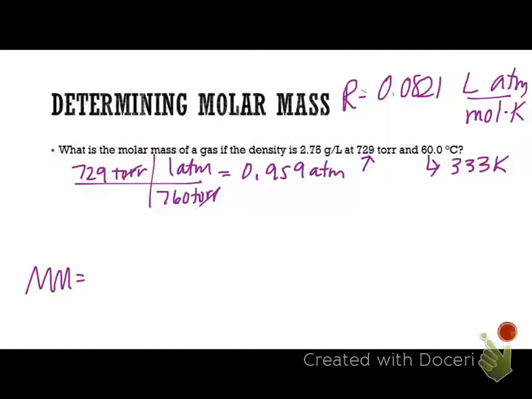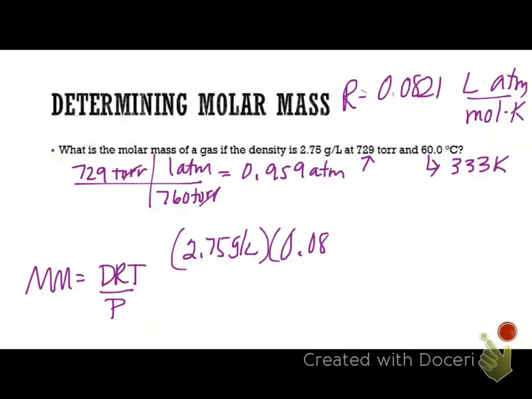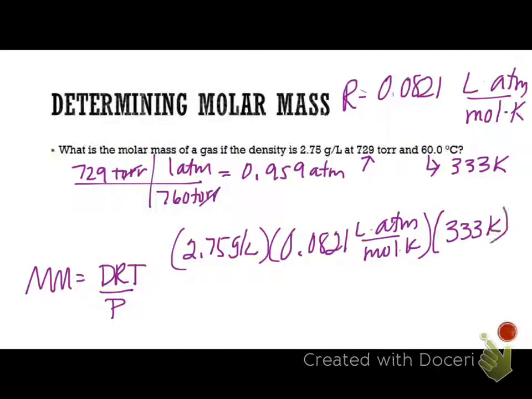Molar mass is equal to dRT over P. So now density they gave us as 2.75 grams per liter. R, of course, is 0.0821 liters times atmosphere over mole times K. And then our temperature was 333 Kelvin, divided by 0.959 atmosphere.